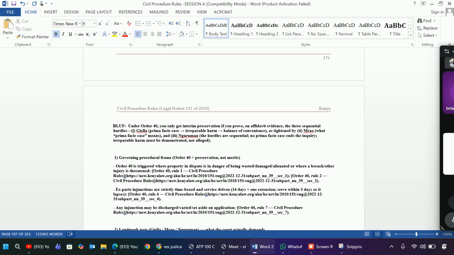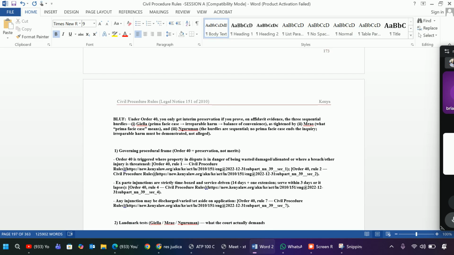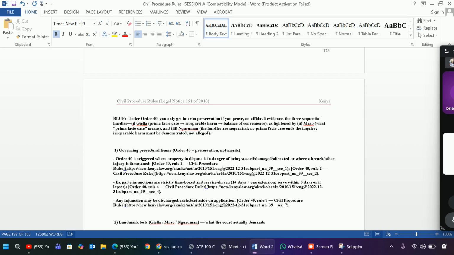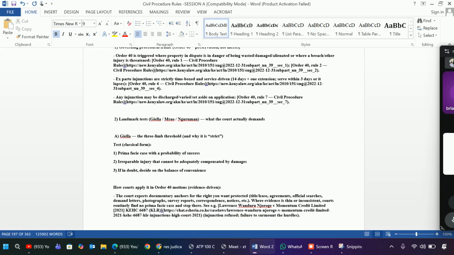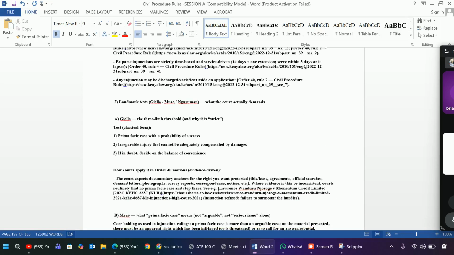Giella provided the three tests: prima facie case, irreparable harm, and balance of convenience. But what did Nguruman come to do? Nguruman said that these hurdles are sequential. No prima facie case ends the inquiry. Okay? Irreparable harm must be demonstrated and not alleged. So it came to emphasize.